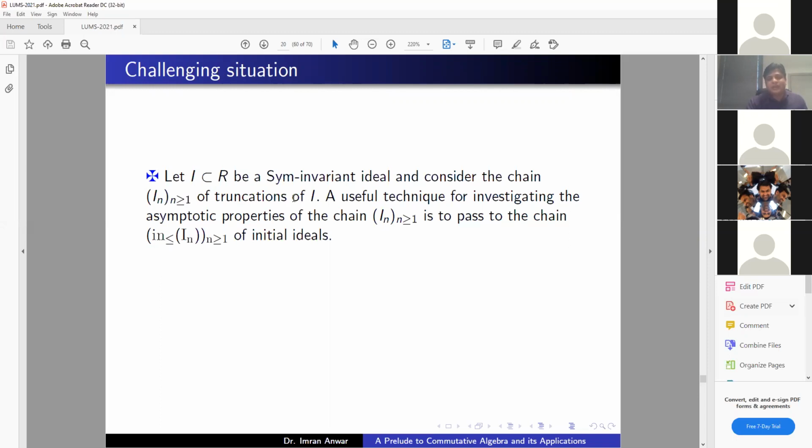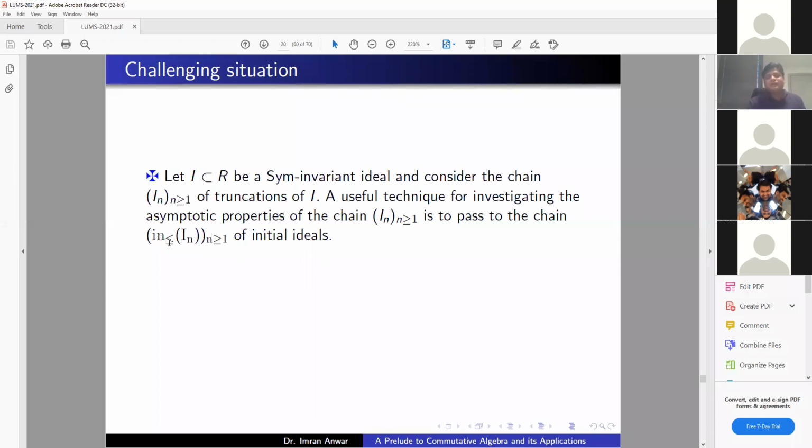A useful technique for investigating the asymptotic behavior of the chain is to pass to the chain of initial ideals. This is quite common and well known. The computing part of algebraic geometry deals with the initial ideal instead of doing the computation for the original ideal.